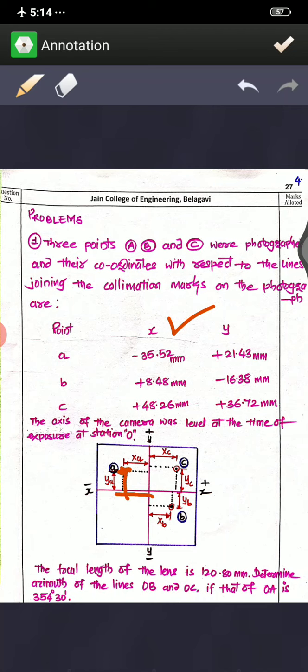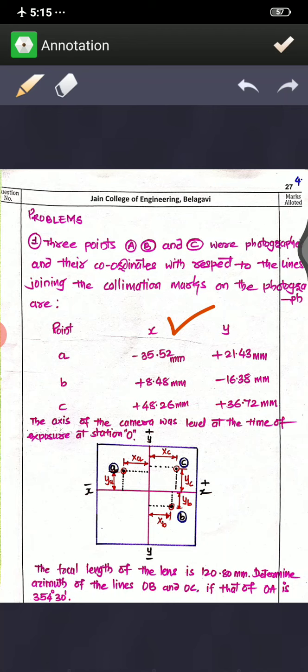So here you will have point A, this is the location of point A. Similarly, B: x is positive, y is negative, so it is going to be in the second quadrant. x is 8.48 mm in this direction from center, and it is going down for minus 16.38, so you will have point B, right. Similarly you have to locate point C on the photograph. Both are positive, so it is going to be in the first quadrant, right. So this is what you have to understand. Once you understand these things, the remaining part will be quite easy.